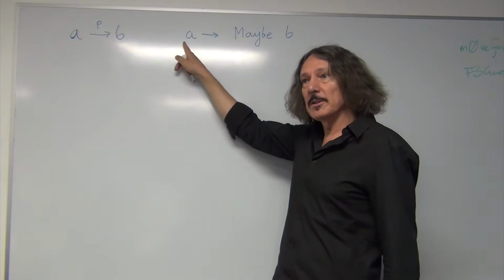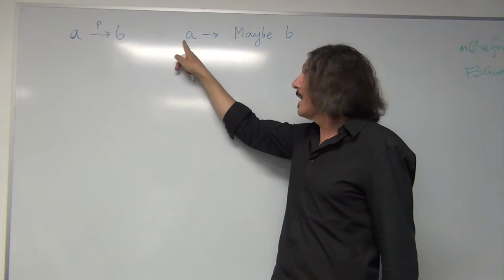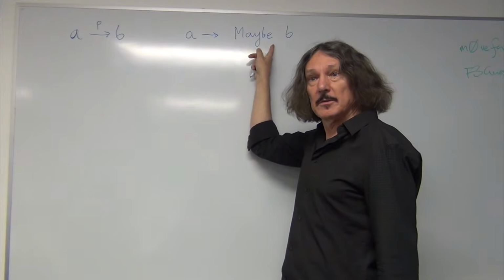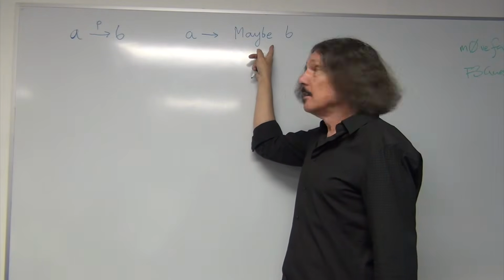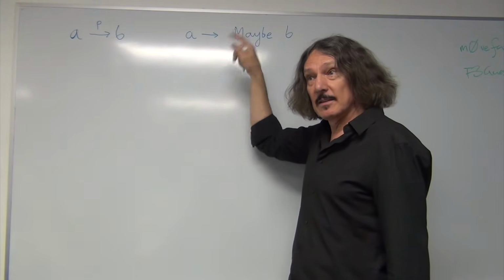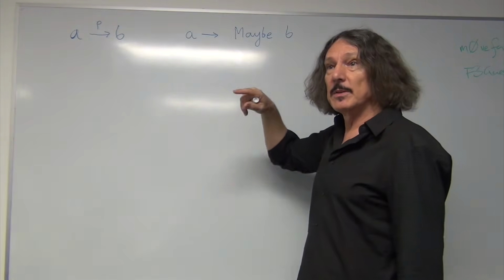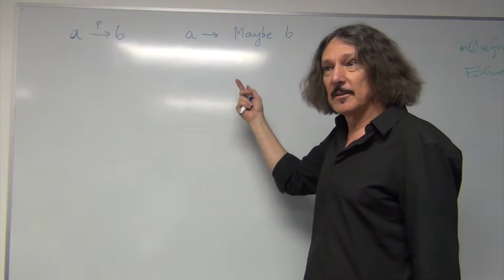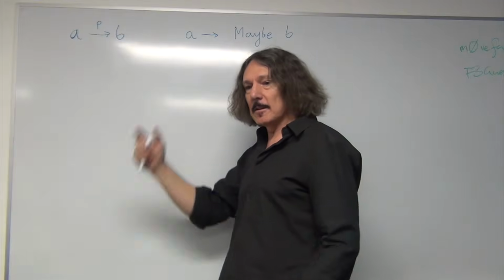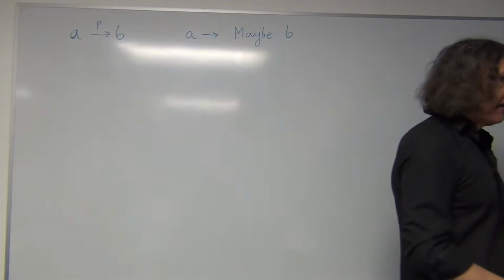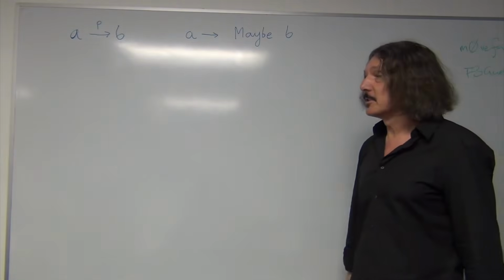It's defined for the whole domain of A's. Every A will produce a result. Some of these results will be Nothing, and others will be Just. So that's a way of turning this kind of side effect into a pure function.